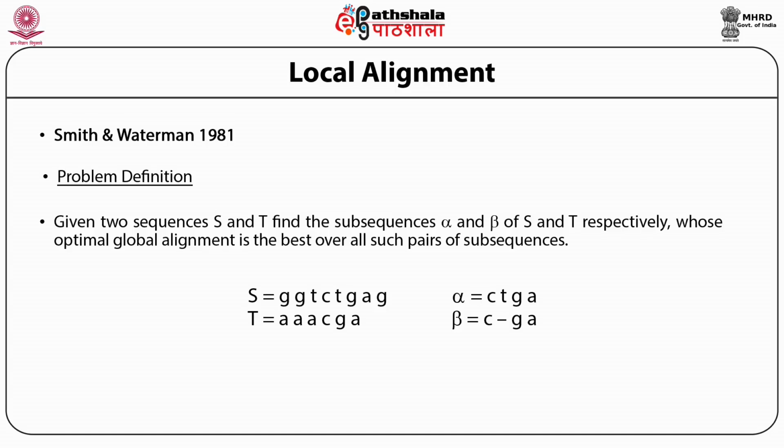Which means to say that if there is a segment in sequence S and there is another segment in sequence T and they align best of all, find that. You don't have to consider the rest of the things. Now, no mention is made about the length of these segments, and they can be very small or they can maybe cover the entire sequences. You have to find out what is the best segment among all possible segments in both the sequences, and which pair aligns best.